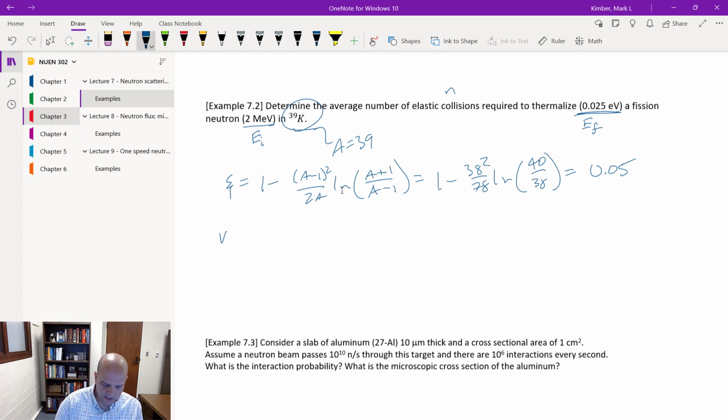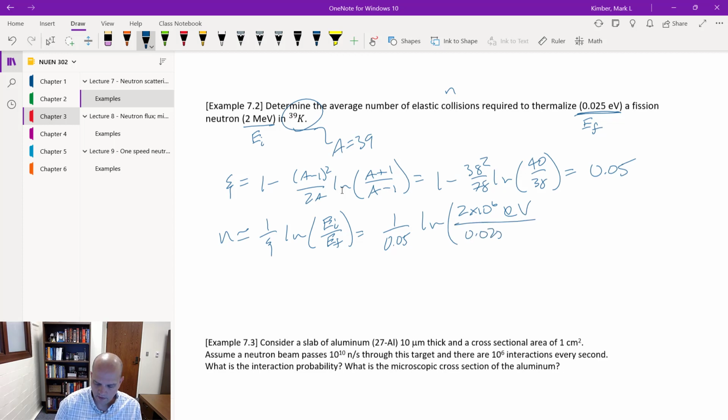And then we can estimate the number of collisions that it's going to take from this equation. N equals 1 over 0.05 times the natural log of E initial over E final, 2 MeV, so that's 2 times 10 to the 6th eV, over 0.025 eV.